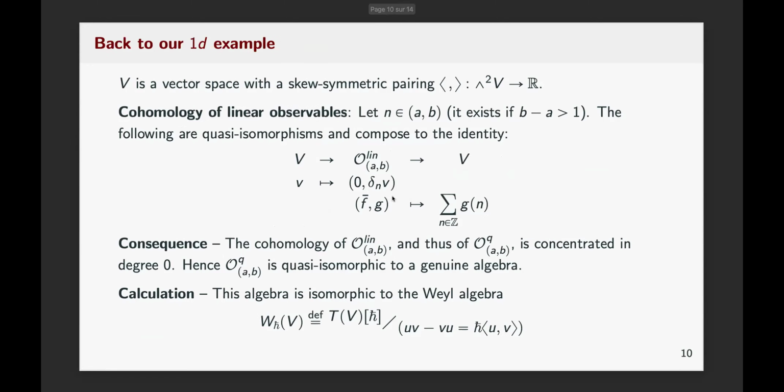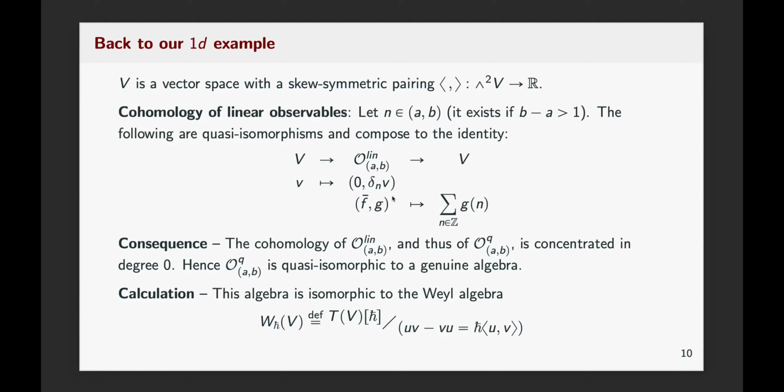So if we're back to our example, we had these linear observables. We can compute the cohomology of this. It was given by a two-term complex. If the interval AB contains at least one site, so let's say if AB has length at least 1, then its cohomology is concentrated in degree 0, and it's just the original vector space V we started with.